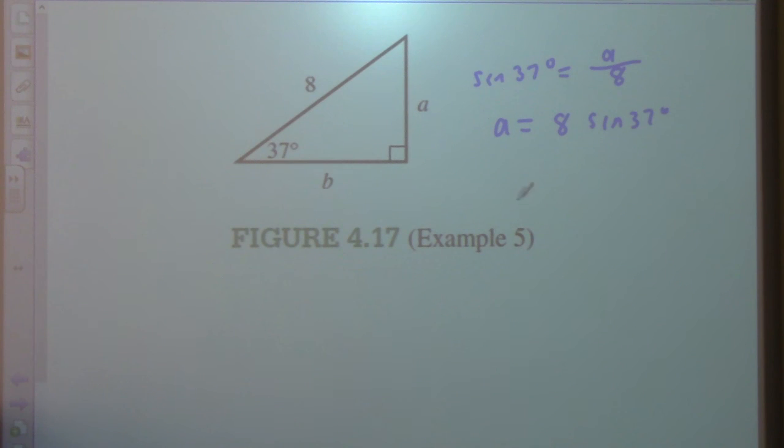And then what is B equal to? This is going to be your adjacent side, right? So B is going to be equal to 8 cosine 37 degrees. Why is that? Because cosine 37 degrees is equal to B over 8. So that's where that comes from.